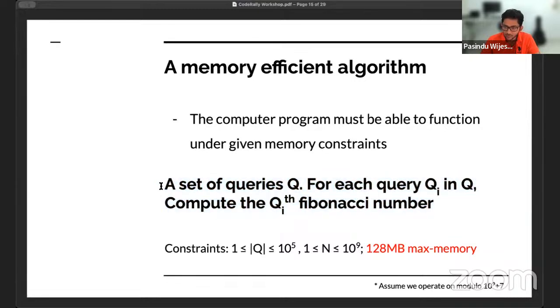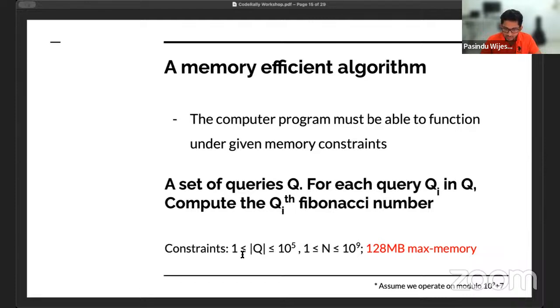Instead of computing a single Fibonacci number, now we've been asked to compute Q Fibonacci numbers. So we have a set of queries Q, and for each Qi element in the array Q, we need to compute the Qi-th Fibonacci number.